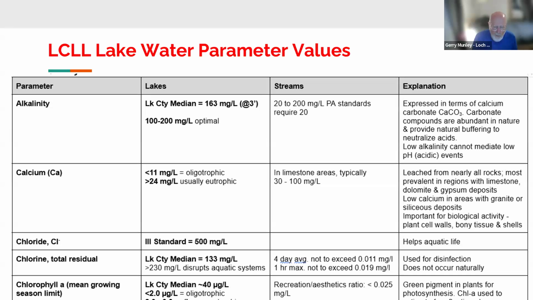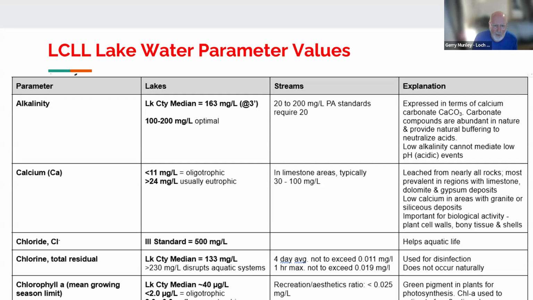So I had all the different parameters listed in the first column. And then I had lake versus stream information because I found that could be very different. Although we're mostly talking about lakes in Lake County, I just think that having the values for lakes and streams could be particularly important for people.